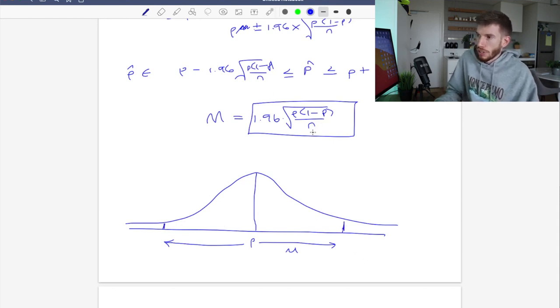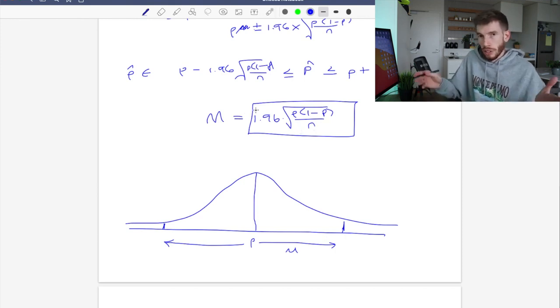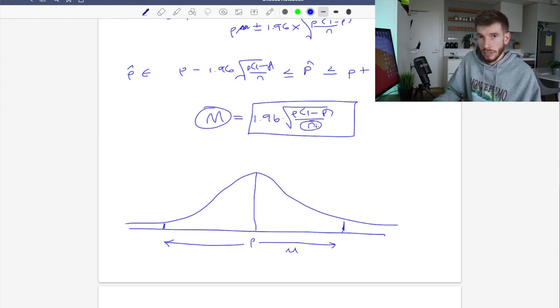As your sample size goes up, your margin of error goes down, right? And you can see that there's an inverse square root relationship right here between the margin of error and the sample size. If we get rid of everything else, holding p constant, then we can say that m is proportional to anything that's constant becomes a 1 here. So the 1.96 becomes a 1 because that's a constant. All of this, p and 1 minus p, is not going to change if we're still talking about the same population. So that all becomes 1, and then it's over the square root of n.